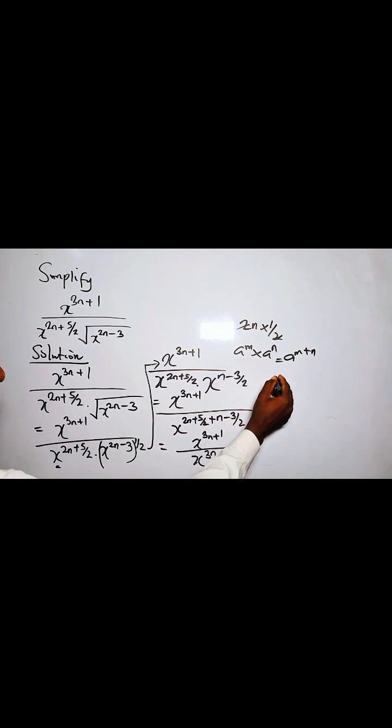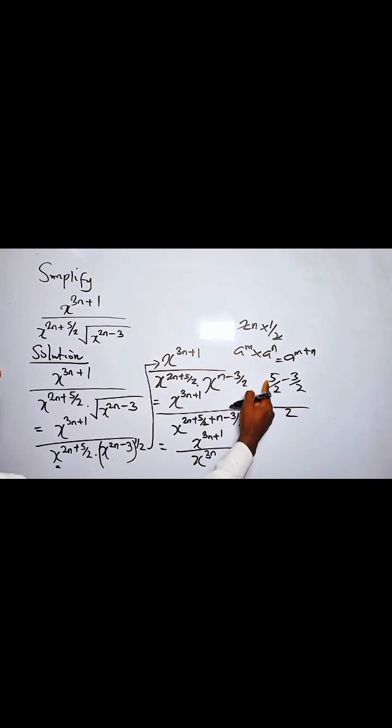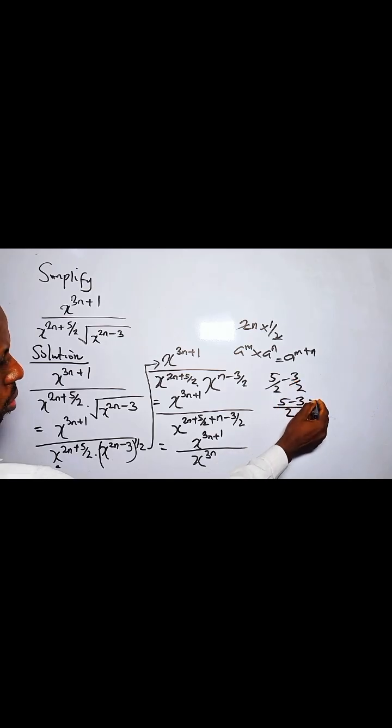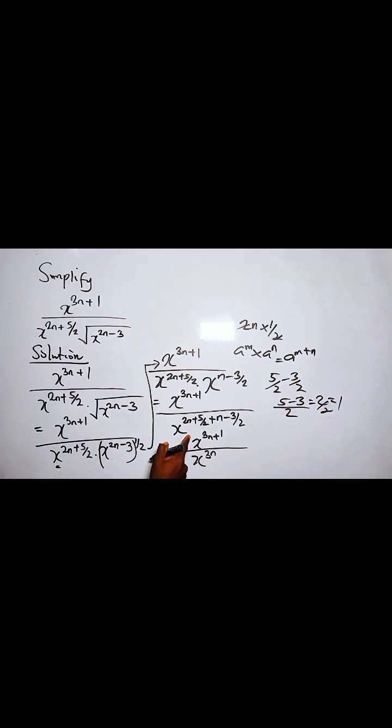How do we do that? 5 over 2 minus 3 over 2, since they have the same denominator, we subtract the powers, so we have 2 over 2, which is 1. So we have plus 1. Now we have the same numerator and the same denominator, so our answer is 1.